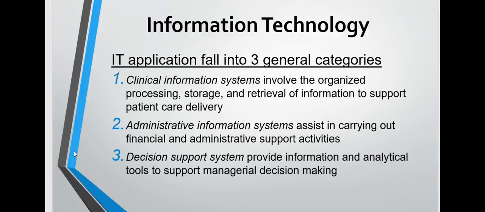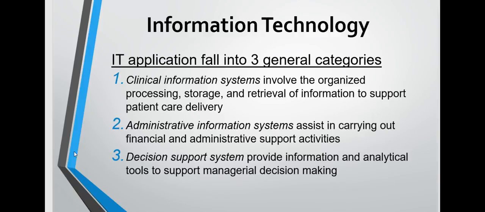The first one is clinical information systems. This involves the organized processing, storage, and retrieval of information to support patient care delivery. An example of this would be electronic medical records. Second, administrative information systems, which assist in carrying out financial and administrative support activities.